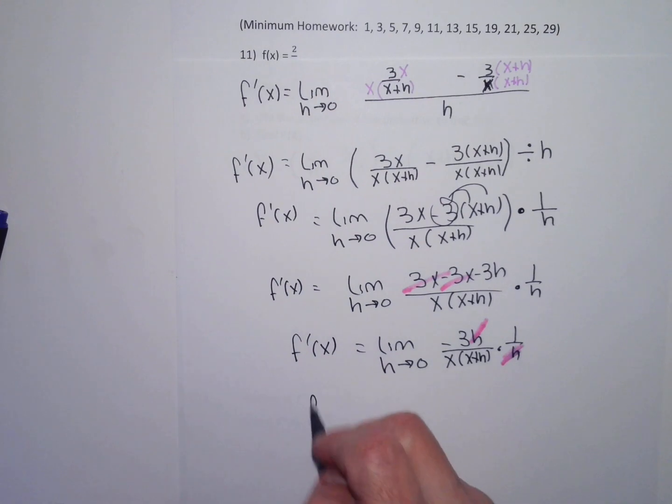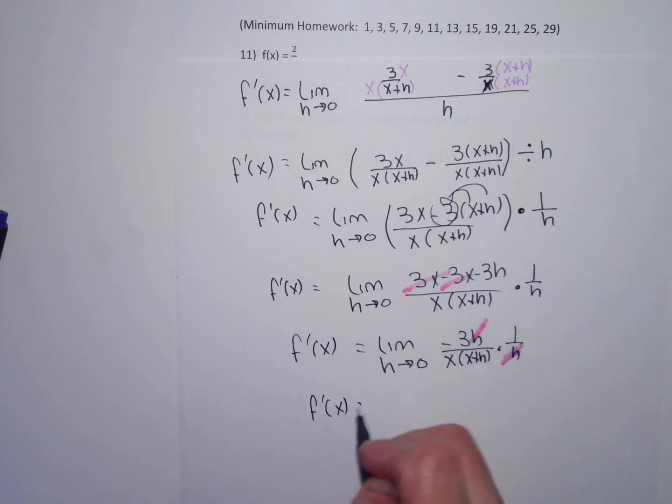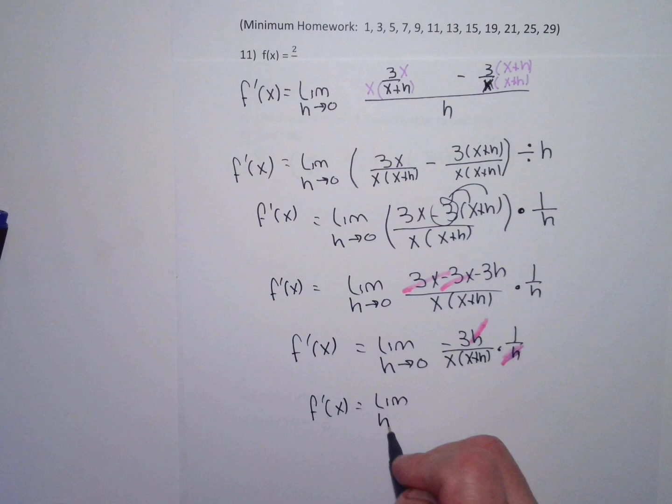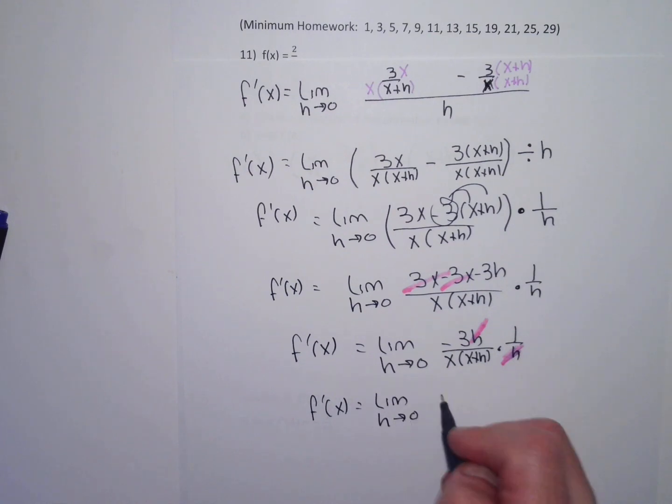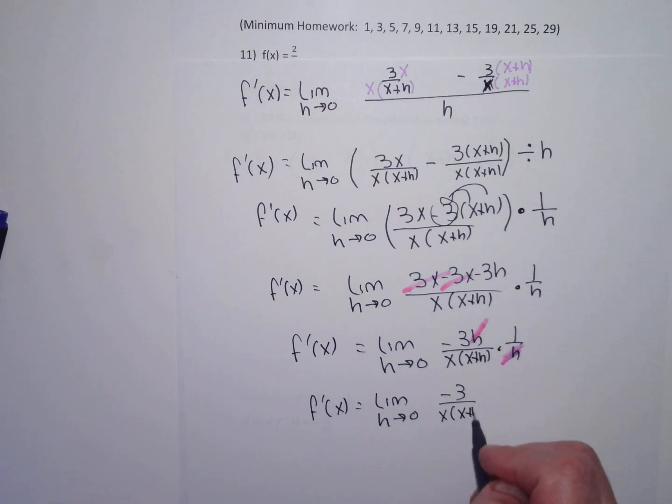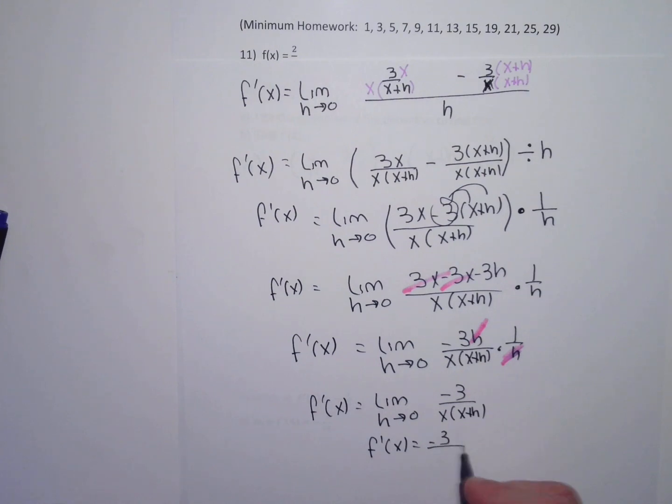And I get the derivative is the limit as h approaches 0 of negative 3 over x times x plus h. Now I can plug in 0 and get the derivative equals negative 3 over x times x plus 0. That's negative 3 over x times x.